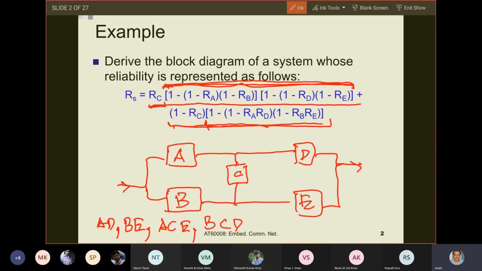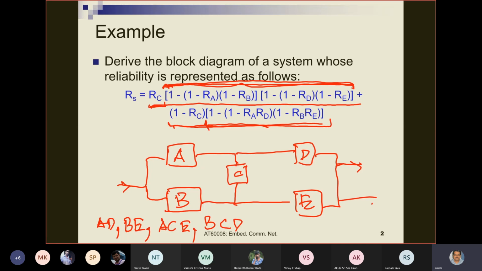Well, then basically you understood what we are trying to do: we are trying to find out the probability that all these different series paths will simultaneously fail together. None of the series paths will be working, right? So what will we do? It will be similar to the case that all these series paths are in parallel.